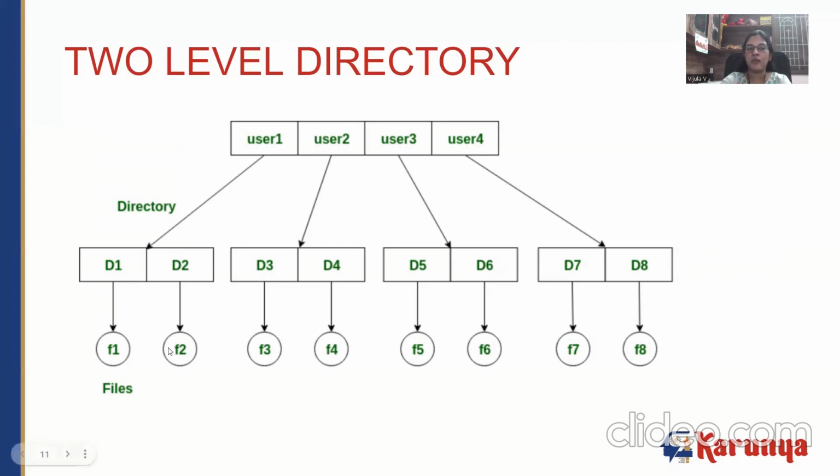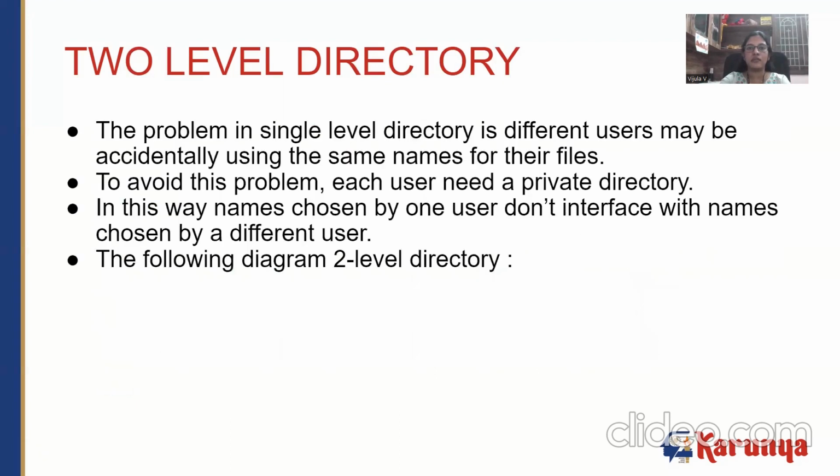They can have their own number of files as required, and each user can have any number of directories. This two-level directory was chosen so that when a name is chosen by one user, it does not interfere with the names chosen by another user.